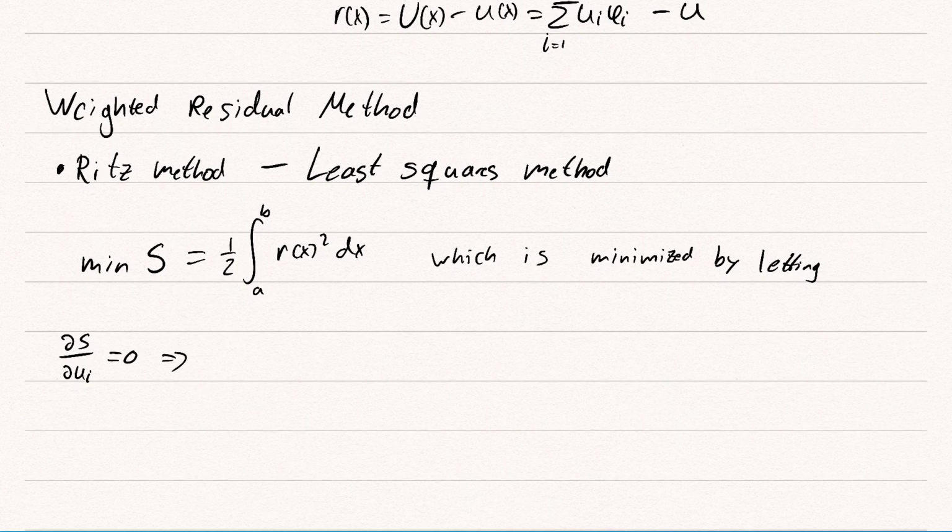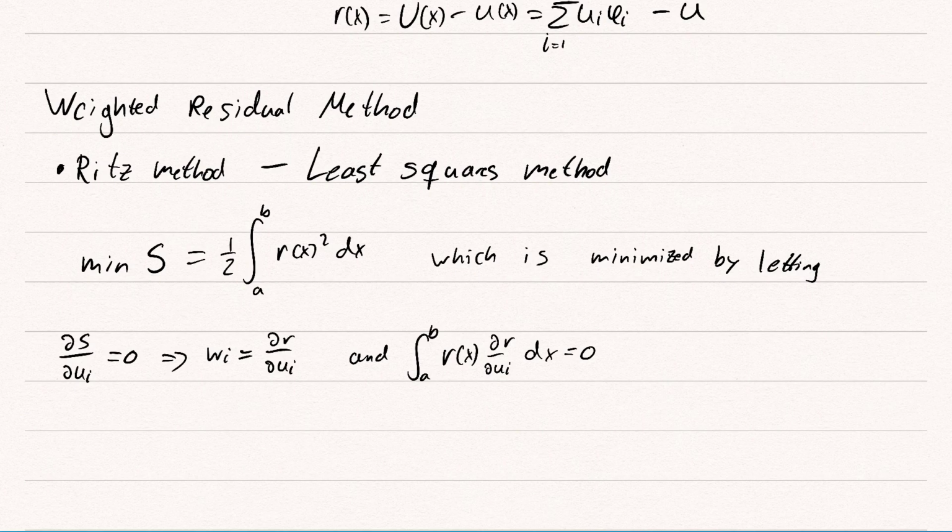From this it follows that w_i is the derivative of r with respect to u_i, and from this we get that the integral from a to b of r of x times this weight, which is dr/du_i, dx, is 0. So that's the least squares method, where we have the derivative of r with respect to u_i.